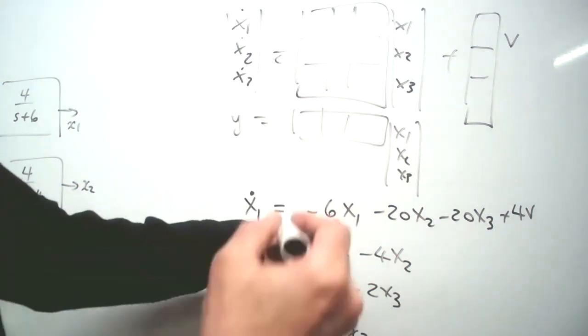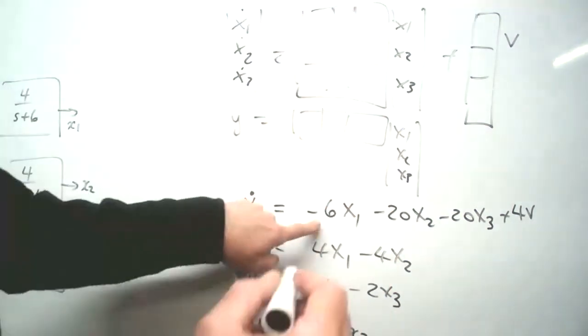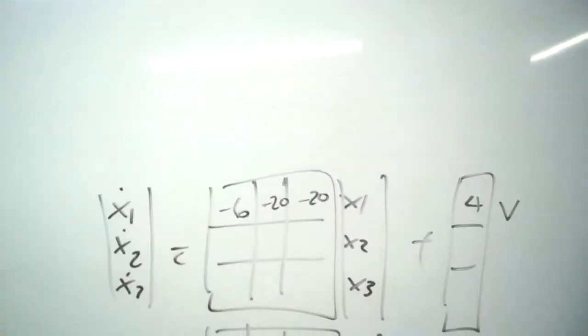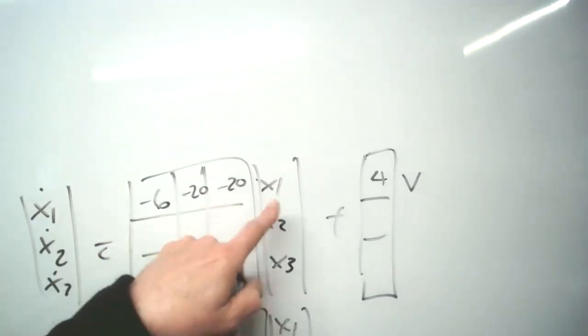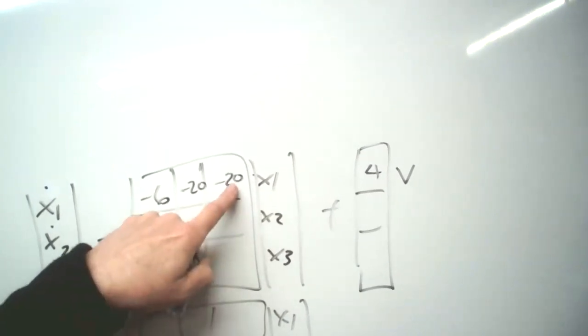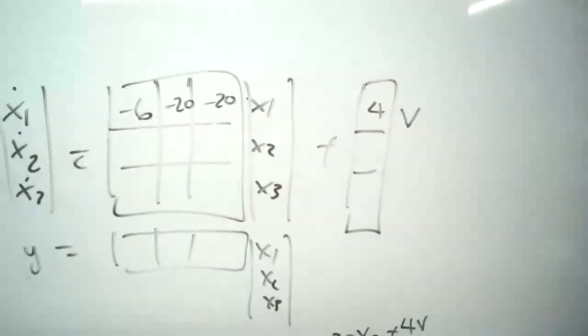So anyways, minus 6x1, so the first line along here is this one here, so it's going to be minus 6, minus 20, minus 20, and a 4. So minus 6 x1, minus 20 x2, minus 20 x3, plus 4v.